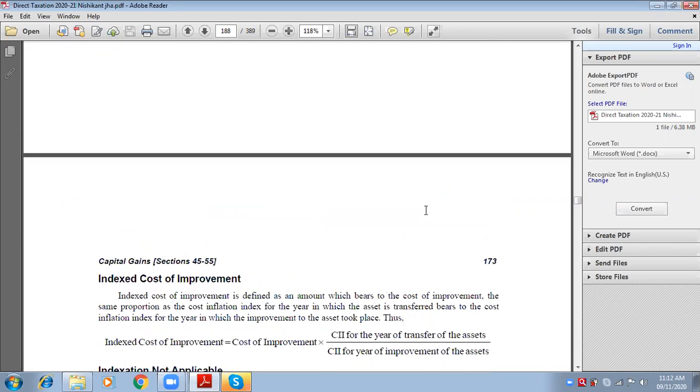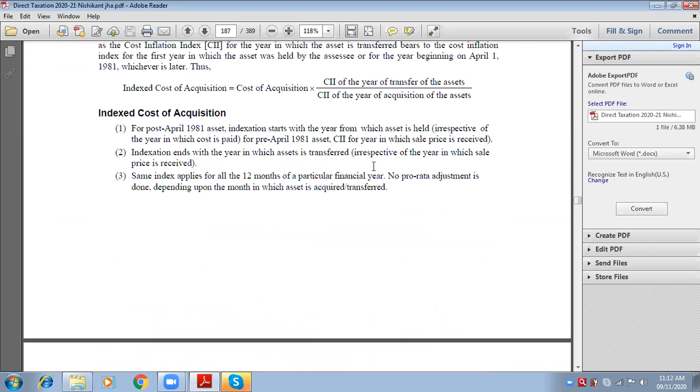Did you understand? Now see, what is given here is very important. For post April 1981 assets, the assets that you acquired after 1st April 1981, please listen very carefully. Indexation starts with the year in which the asset is held, irrespective of the year in which cost is paid.